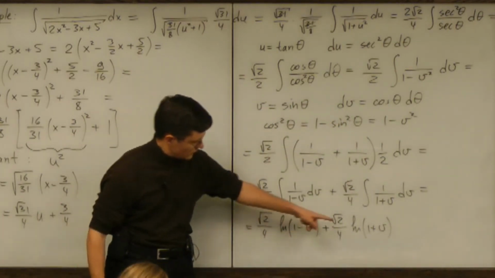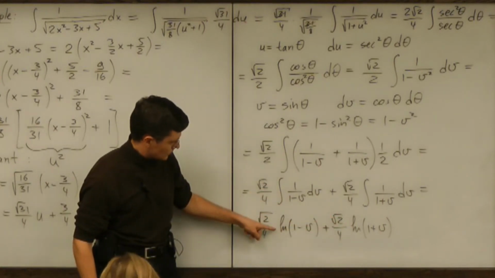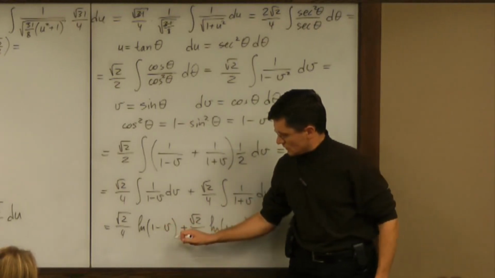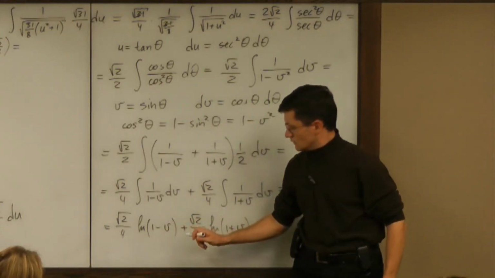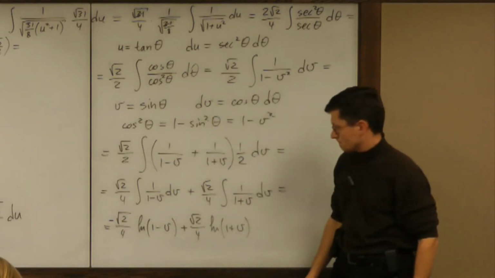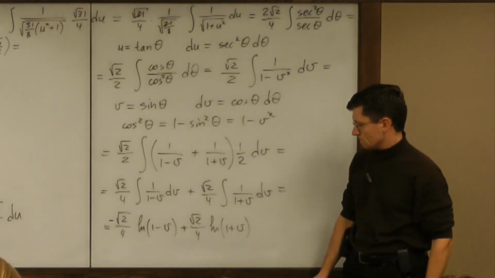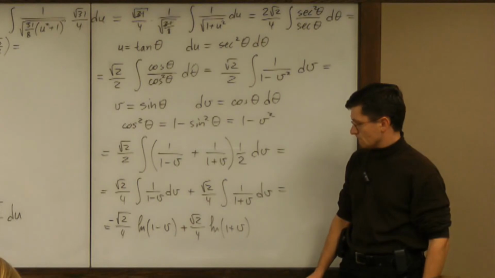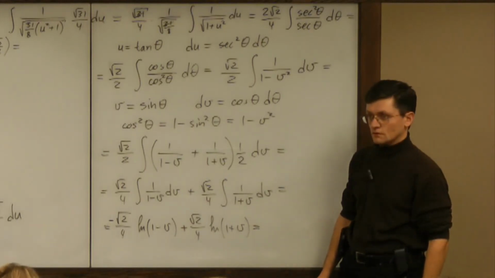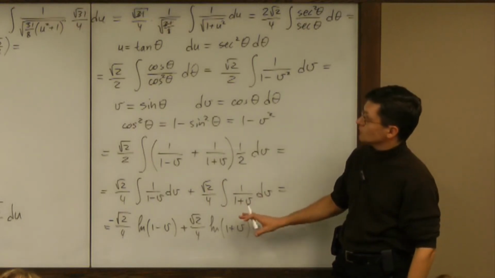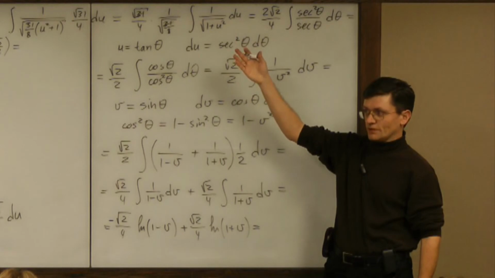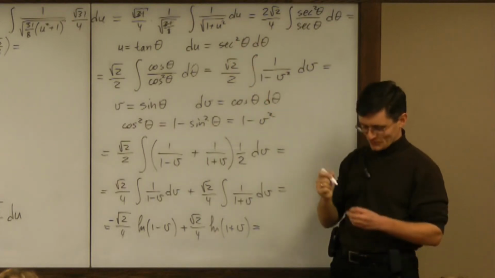And that one is right, but this one is not quite right. Derivative of this will be 1 over 1 minus v times negative 1. So I lost a negative sign there. Put it back. I'm practically done, yes. So what I have to do is go back to my original variable x. Right? How do I go back?